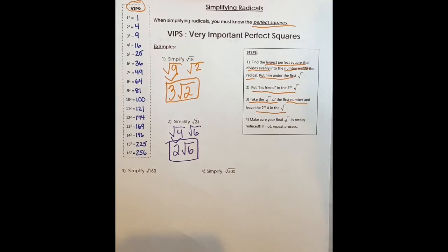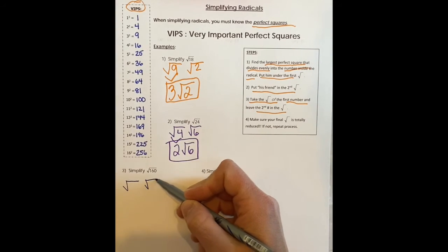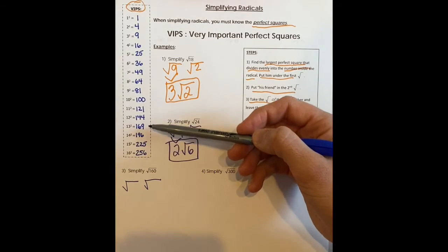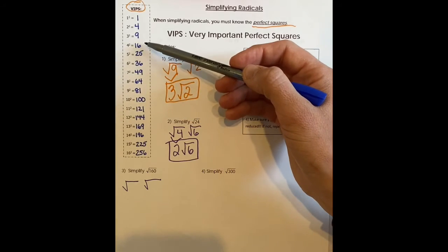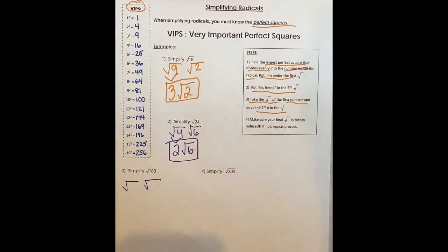Okay, next, number 3. I have radical 160. I want to break this up into two radicals. Thinking of the factors of 160, I look at my perfect squares, and I see we have 16. 16 times 10 would be 160.